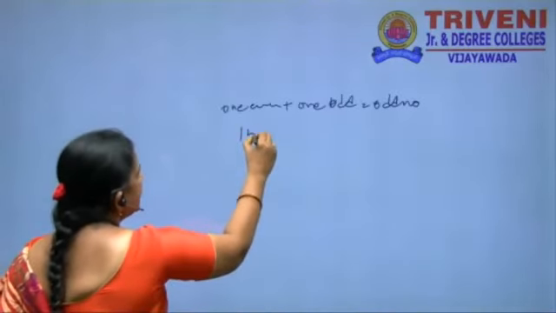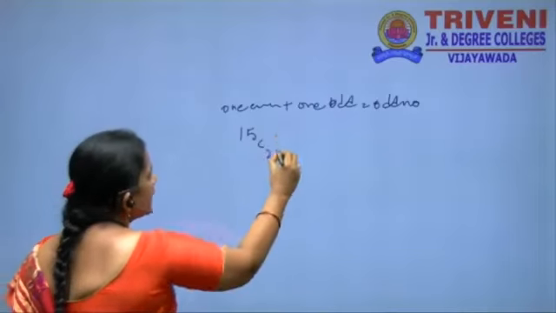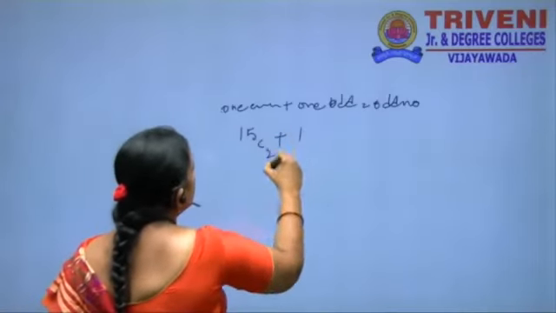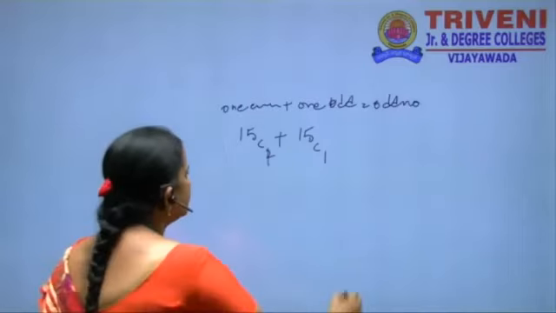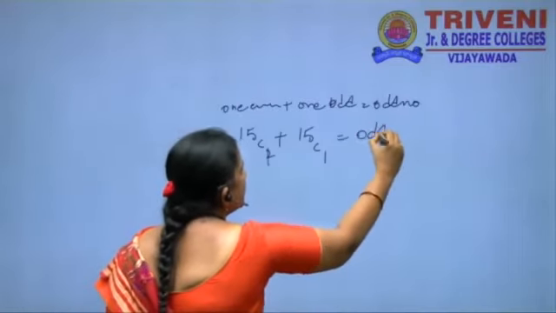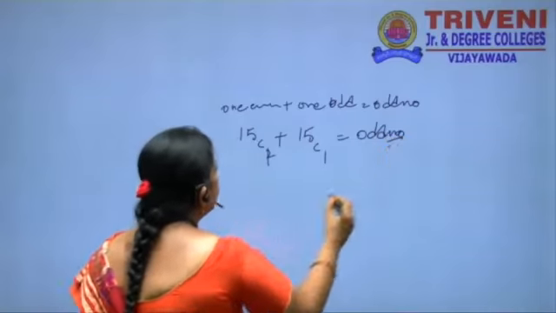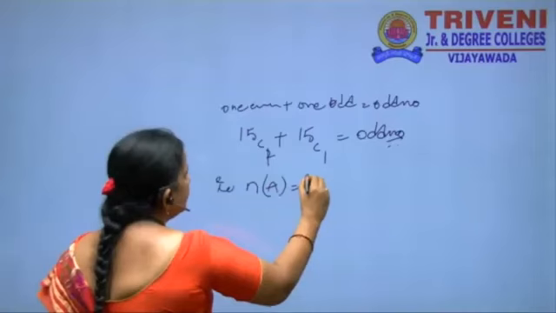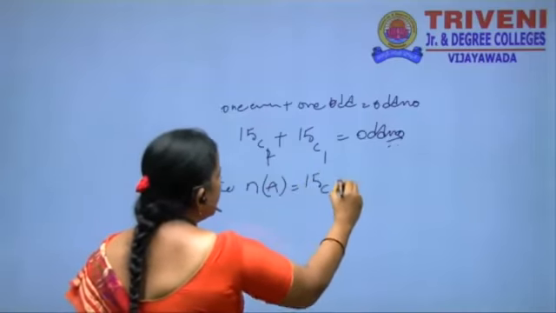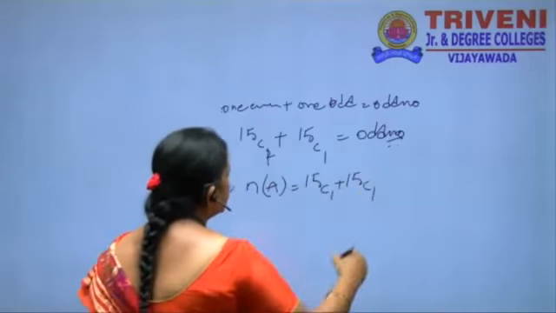Selecting one even number and one odd number, we get an odd sum. That is, n of A is equal to 15C1 into 15C1.